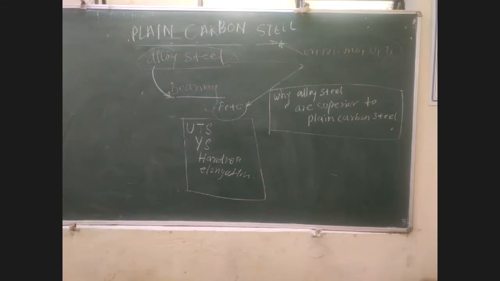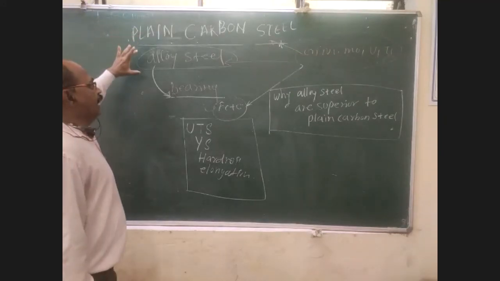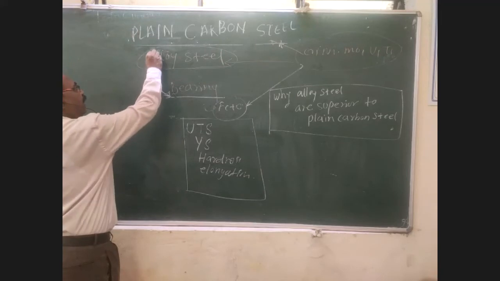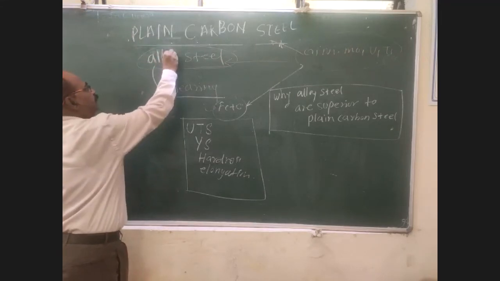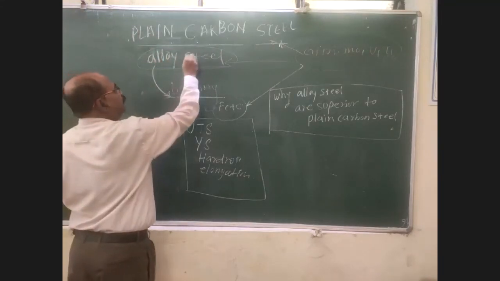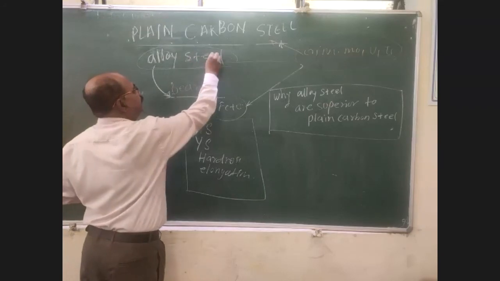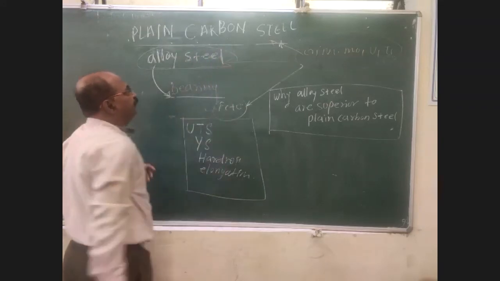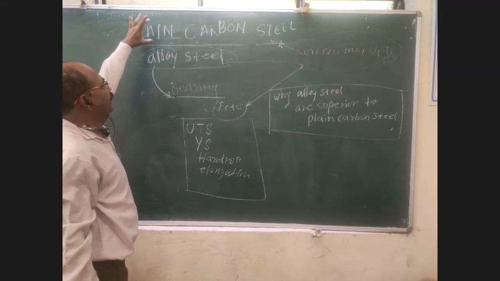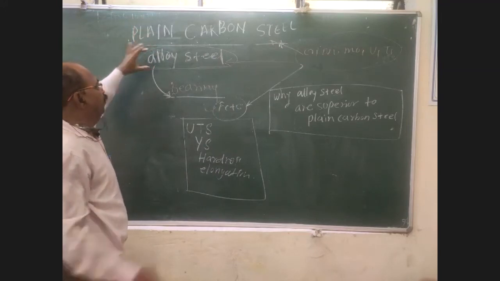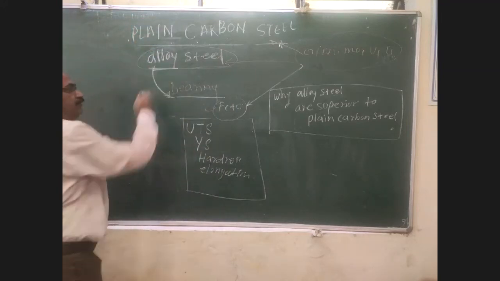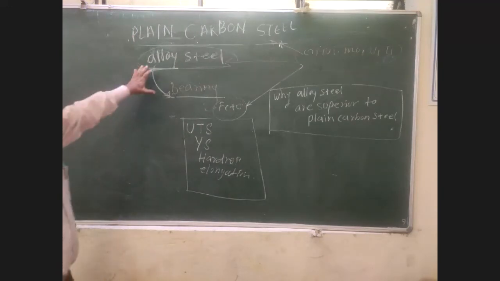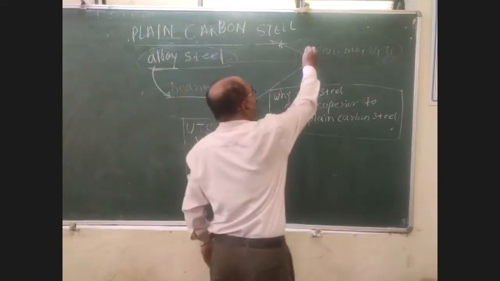Repeat? Okay. So plain carbon steel and alloy steel. This is the alloy steel. The name is alloy, alloying element. Which are the alloying elements?